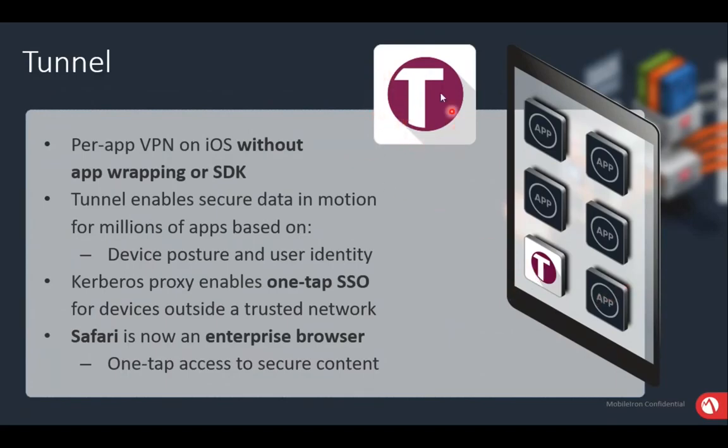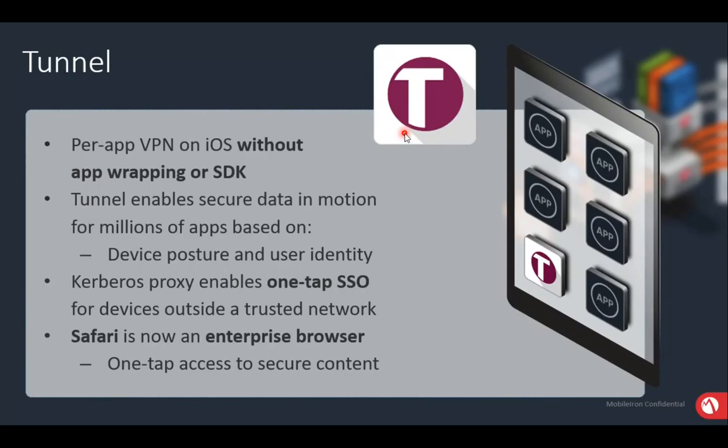And Tunnel also has single sign-on. For example, if you receive an email on your native email, and there is a link to your corporate SharePoint or corporate intranet application, which requires authentication, Tunnel can be integrated with the Kerberos Proxy.